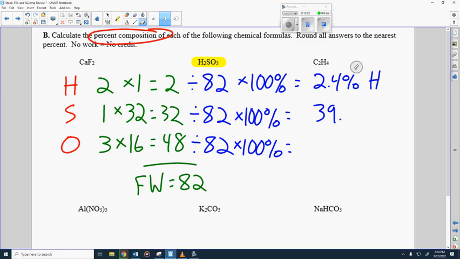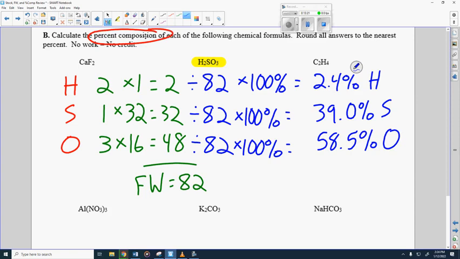You don't have to worry too much about the rounding. Just be consistent. So I got my 39.0% sulfur. And then lastly, I'm going to come out to have 58.5% oxygen.